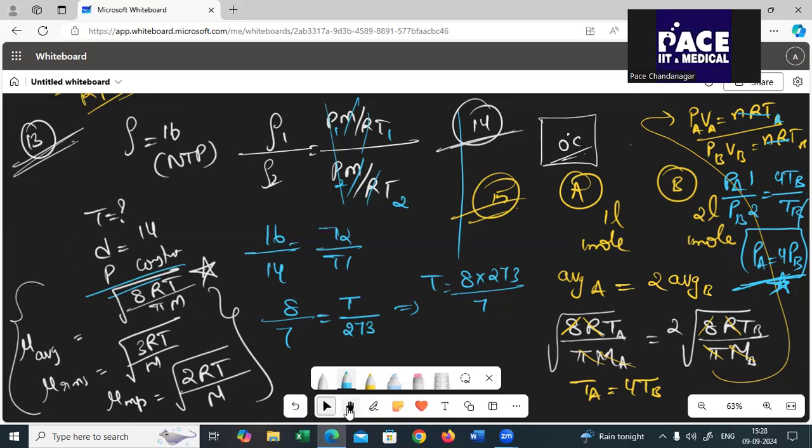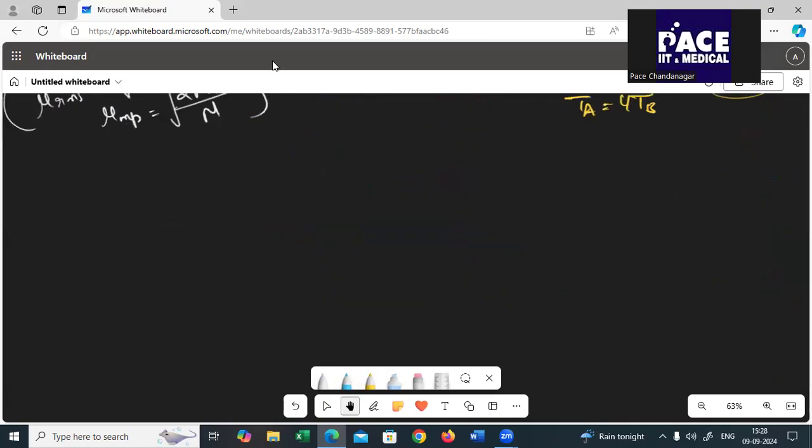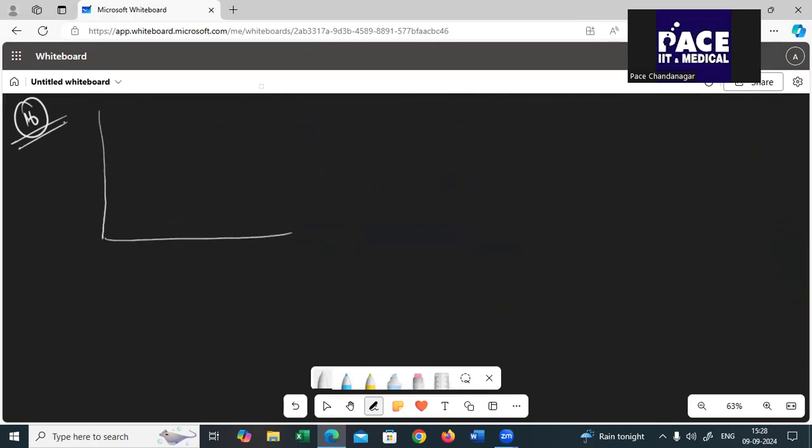Coming up next, the 16th one. This is question number 16. Velocity of C in the above figure. See, there is something given like this: the fraction of molecules, and it goes and comes like this. The fraction of molecules is given in this relation, and this would be my most probable speed.